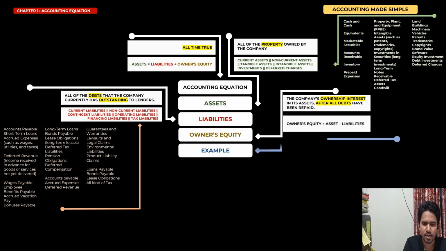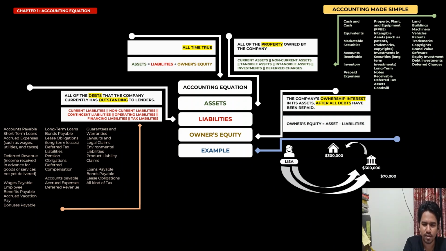Let's see an example for better understanding. Here is Lisa. There is a bank in her area. She went to the bank and borrowed $300,000, and she bought a house in her area. After a few days, she repaid $70,000 to the bank.